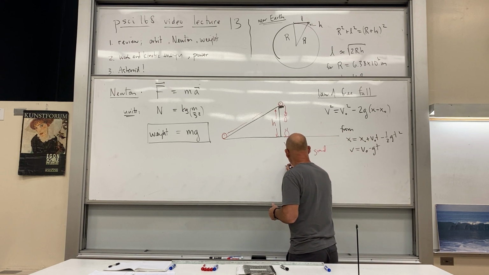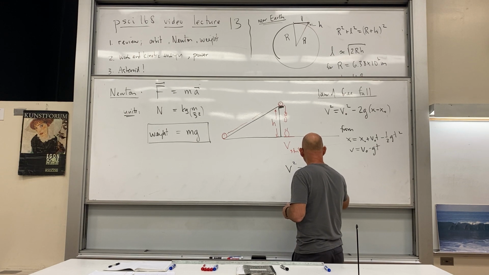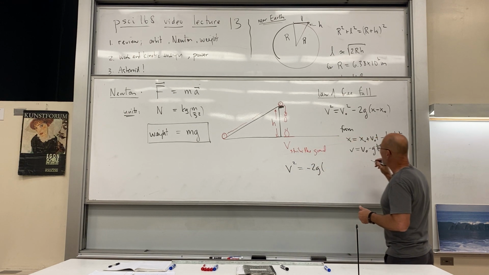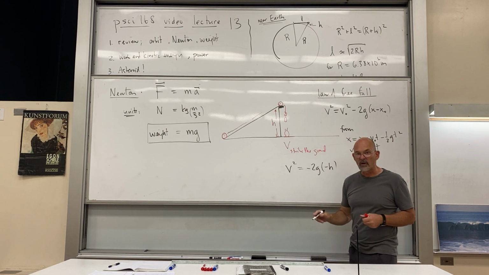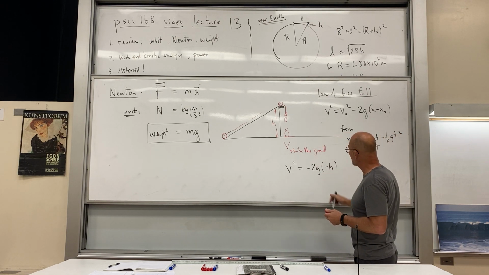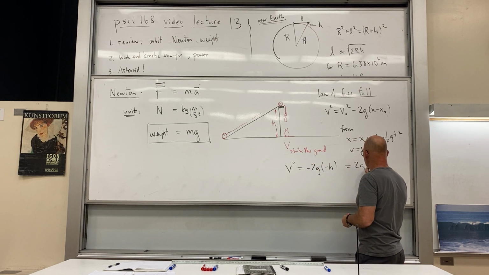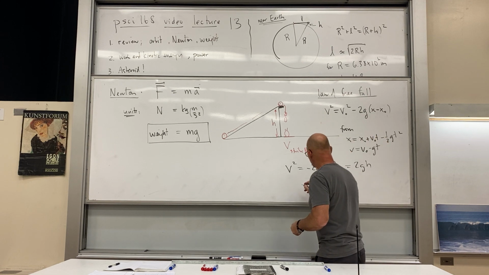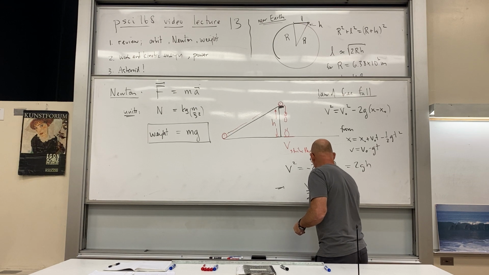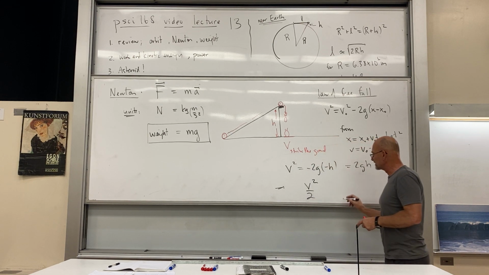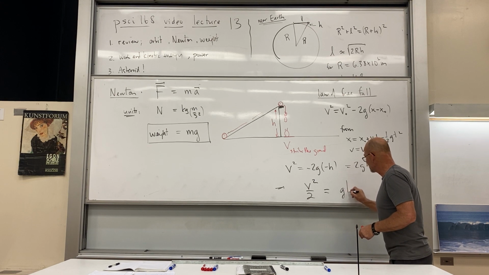We're going to get v squared is equal to minus 2g, and the x minus x0 is going to be a minus h, because it fell down. We didn't lift it up, it fell down. So the minus signs cancel. That's 2gh, and I'm going to divide, and we're going to have v squared divided by 2. And you know what? Leave a big space in here, equals g times h.